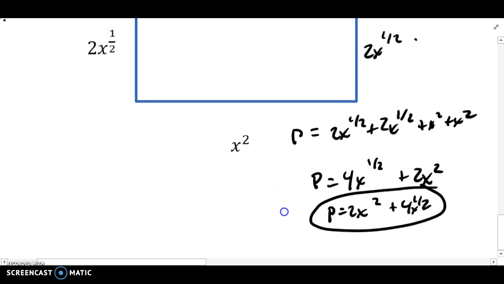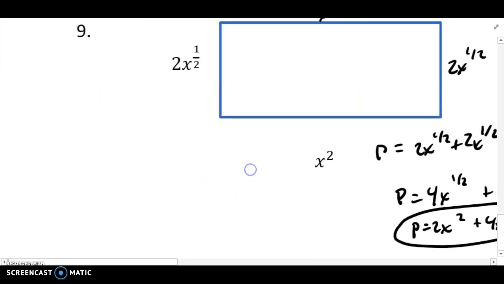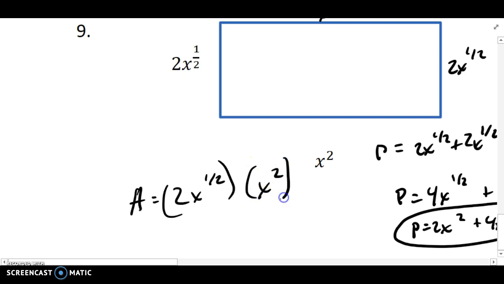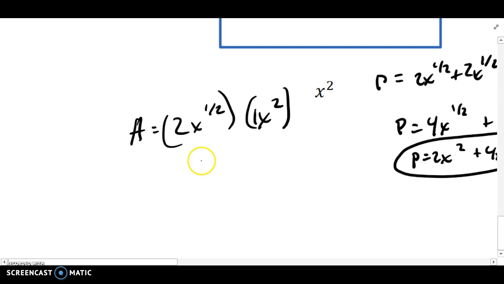Okay. That's the perimeter. The area is a lot simpler. The area is just 2x to the 1/2 times x squared. And there's a 1 in front, so we just multiply the numbers. So this would be 2 times 1 is 2. Then we're going to add these exponents. So it'll be 1/2 plus 2, which is 2.5, right?